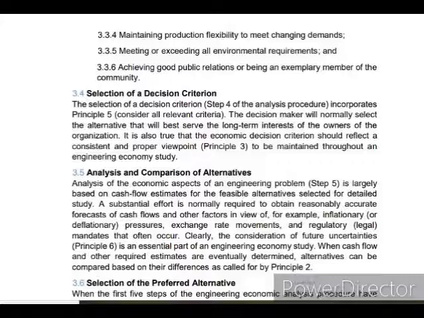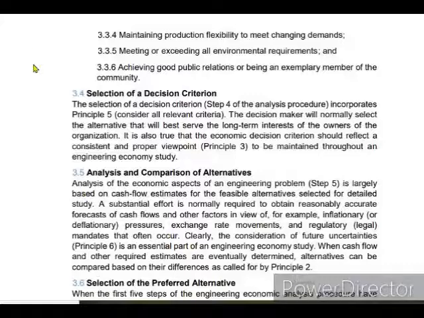So the exchange rate movements, and regulatory legal mandates that often occur, because we should align our alternatives with them. When we violate a law in our government, we can be charged. So that is a cost.